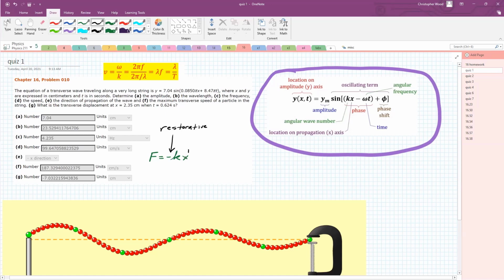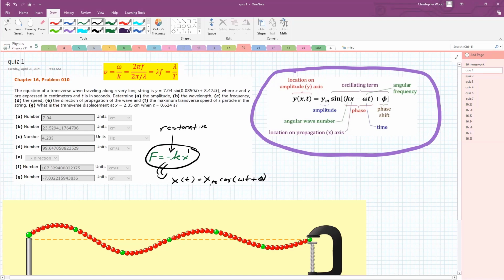And if that sounds specialized or niche, it's not. There's a ton of things in nature and in practical applications like automotive suspension and door closures and a whole bunch of electrical engineering phenomena that behave according to this type of force. And basically that gave birth to the displacement function, x of t equals x m cosine of omega t plus phi.